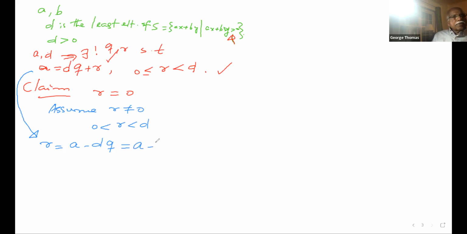It is A minus D, as D was the least element. Very interesting. I am going to write it as A times U plus B times V.